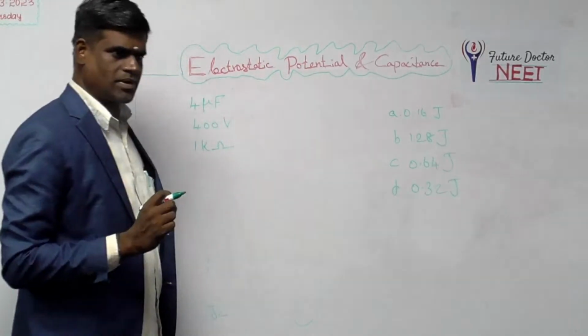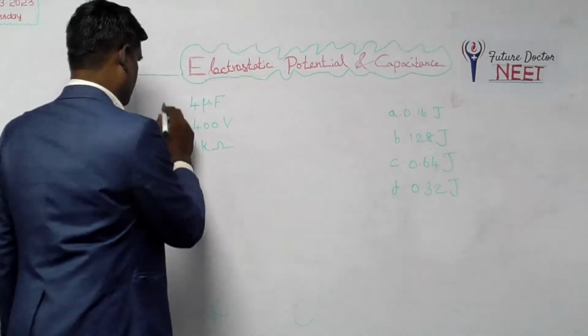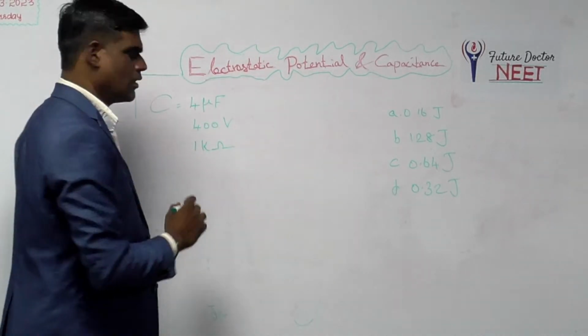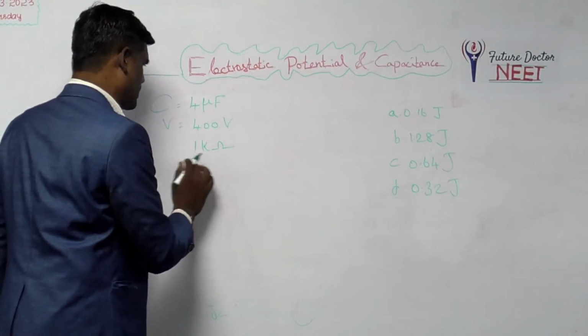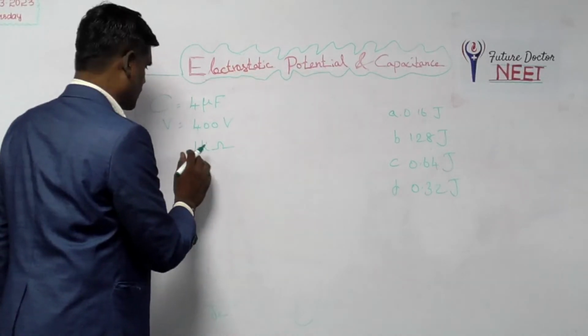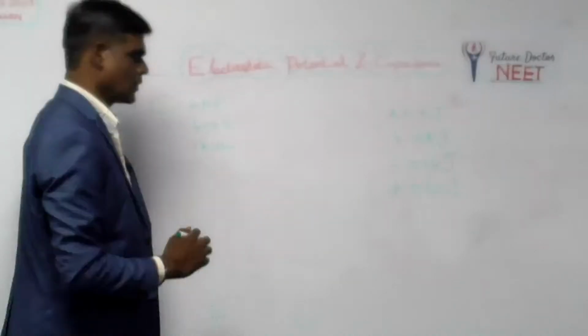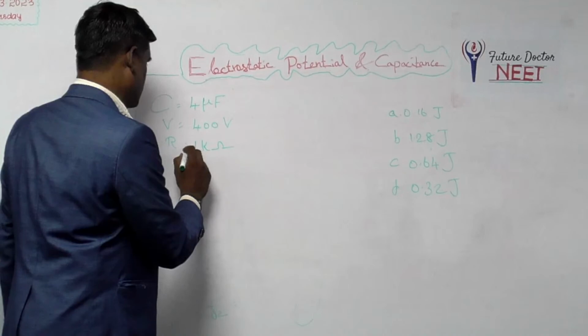What is the symbol for capacitance? C. What is 400 volts? Voltage or potential. Check the question. Resistance.